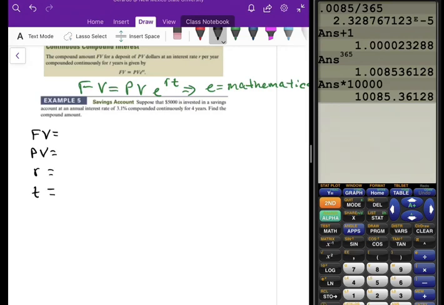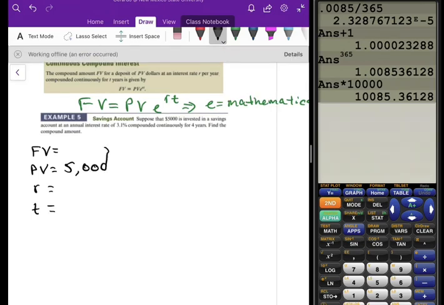It says, suppose that $5,000 is invested. That's my present value. It's invested in a savings account at an annual interest rate of 3.1%, so it's 0.031, compounded continuously for 4 years. Find the compound amount, so find the future value.